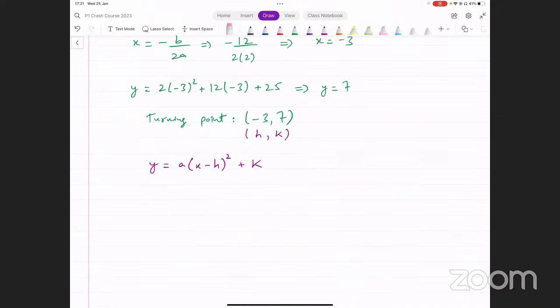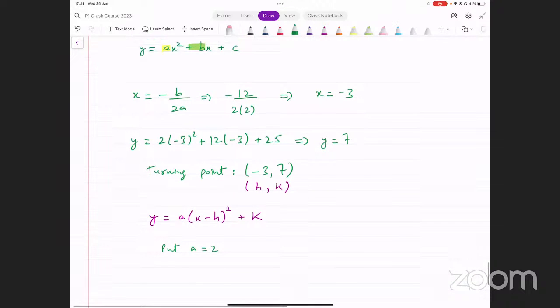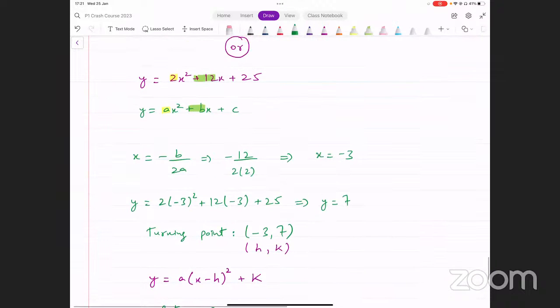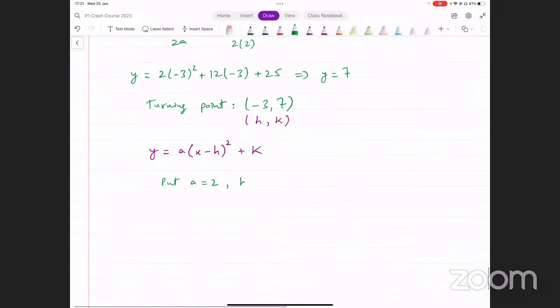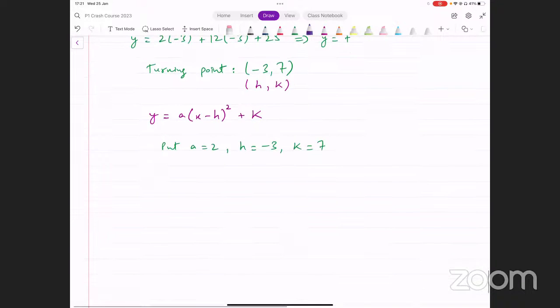So let's input a equal to 2. It's coming from this equation directly. H equal to minus 3 and k equal to 7. Let's input those values here.